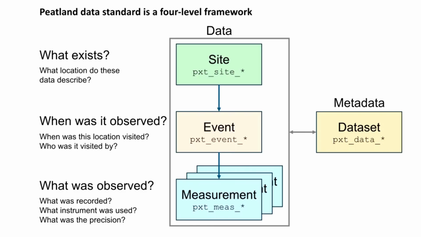Oops, that should be what was measured. So what was observed? So either peat depth, water table, or the vegetation that we've been talking about. So also what instrumentation was used, what was the precision of the instrument.